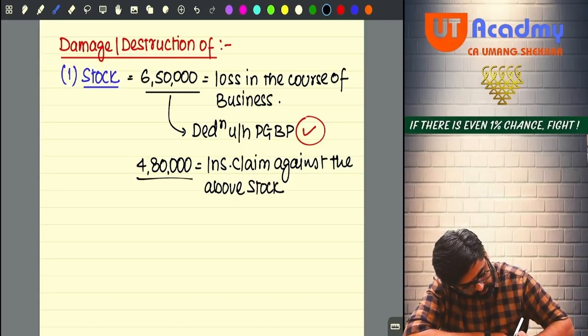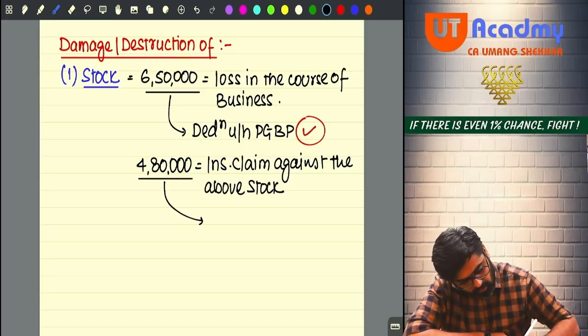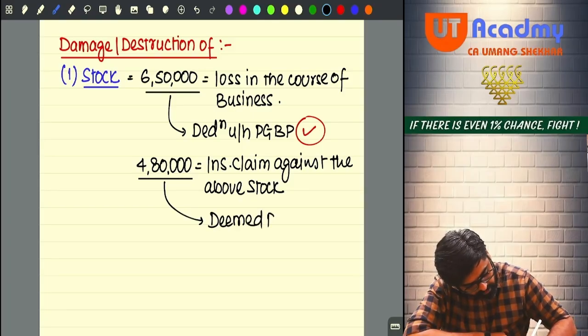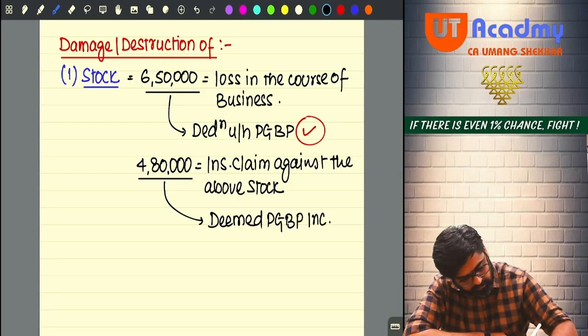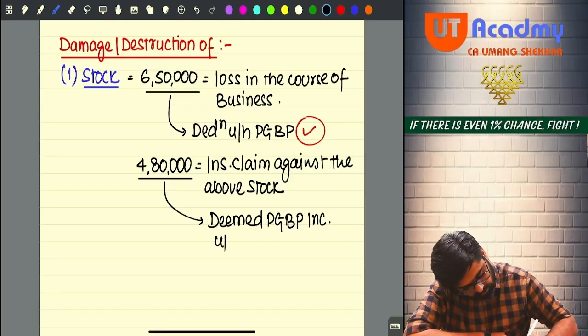So this 4,80,000 will now be what? Deemed PGBP income under section 41(1).